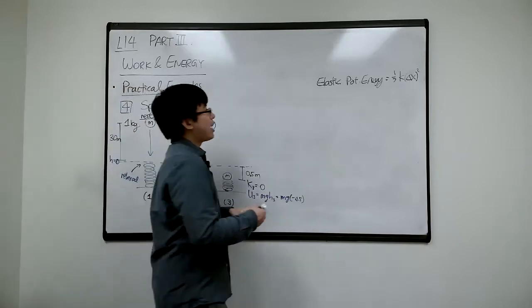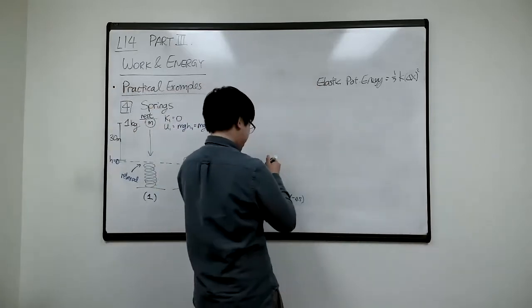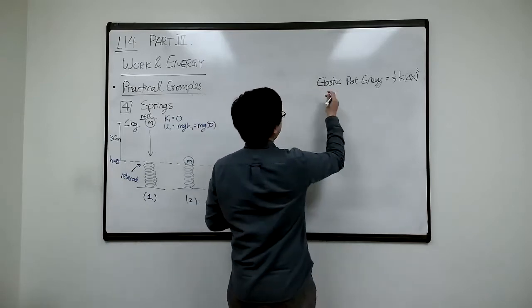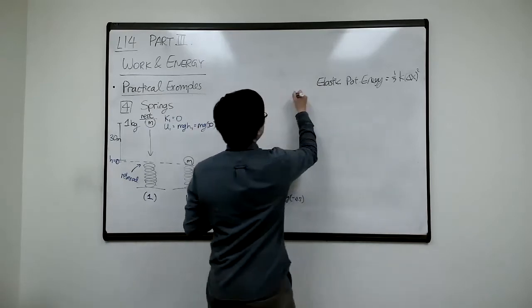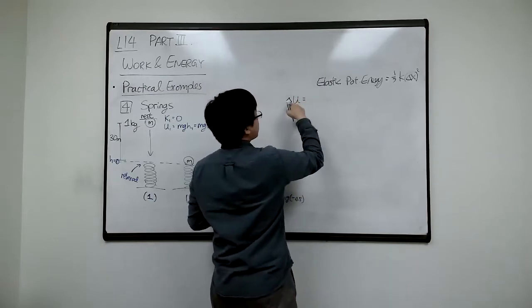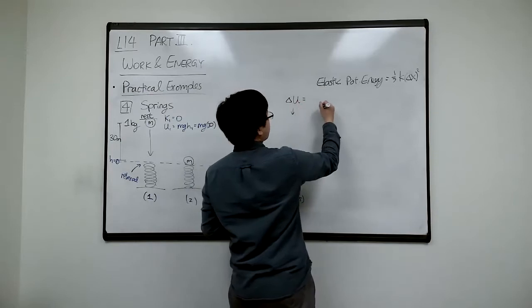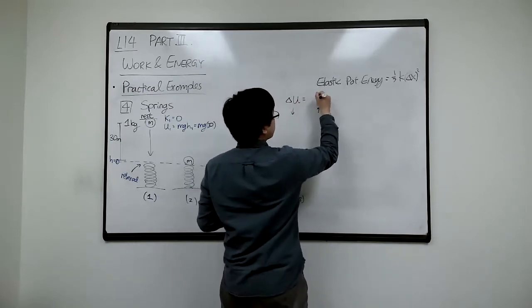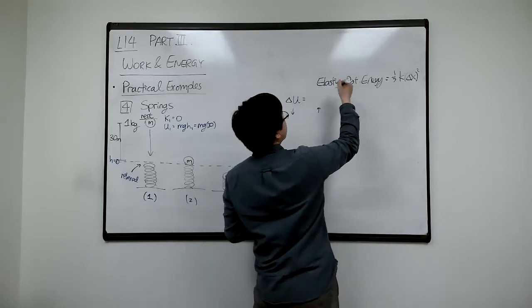There again, you can view it in a couple of different ways. You can view it in terms of the change in potential energy: any decrease becomes an increase in the spring potential energy.